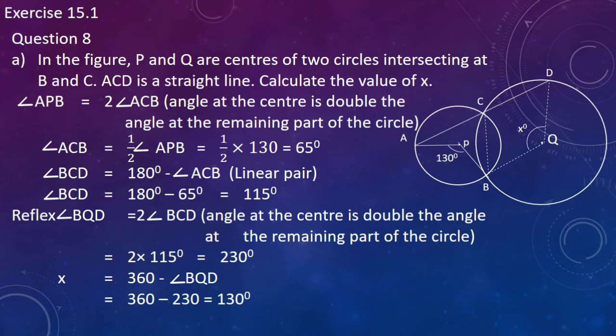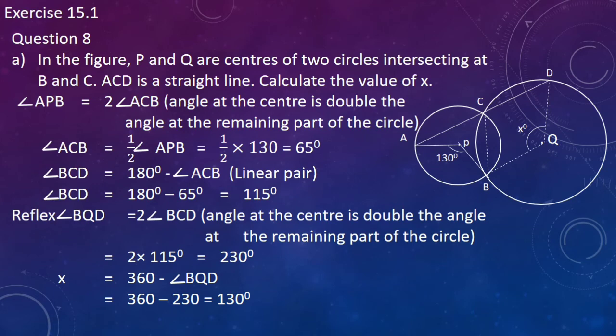Now, the reflex angle BQD is the angle subtended by the arc BD at the center, and the angle BCD is the angle subtended by the arc BD at the remaining part of the circle. Therefore, the reflex angle BQD is equal to twice angle BCD, that is 2 into 115 degree, that is equal to 230 degree.